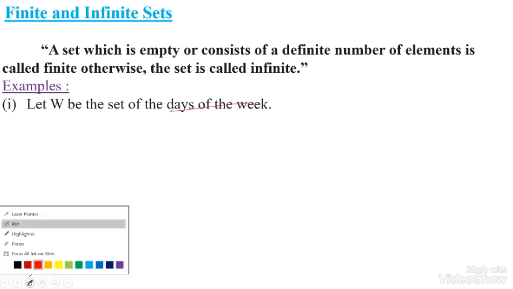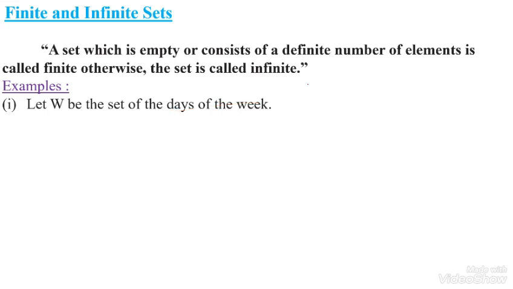How many days are there in a week? There are 7 days in a week. 7 is a definite and countable number. So W is a finite set.